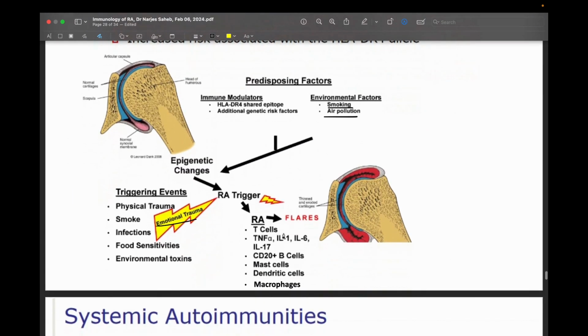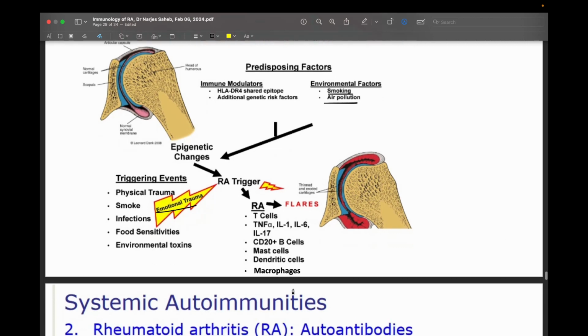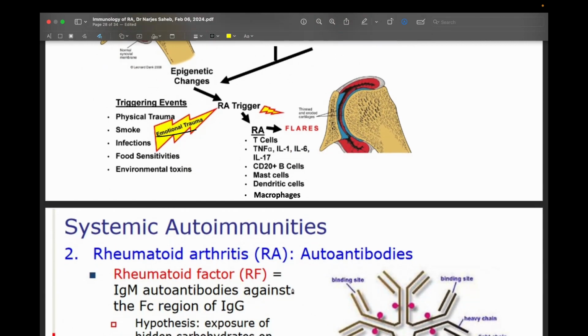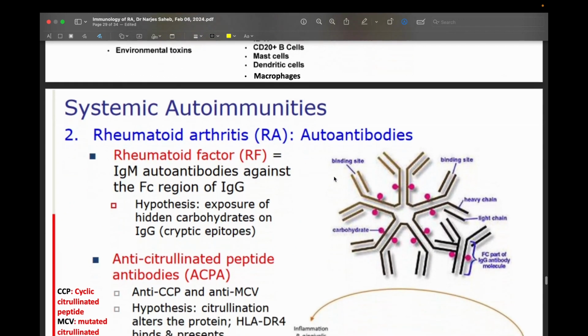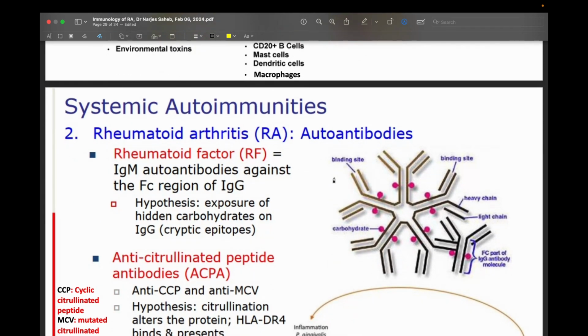So here, as you see, chronic inflammation, we have the whole clan present here: T cells, cytokines, TNF alpha, interleukins, B cells, mast cells. Notice T cells and B cells, so it involves humoral and cellular immunity, dendritic cells and macrophages working together. Anyway, in rheumatoid arthritis there are 3 autoantibodies that are found.